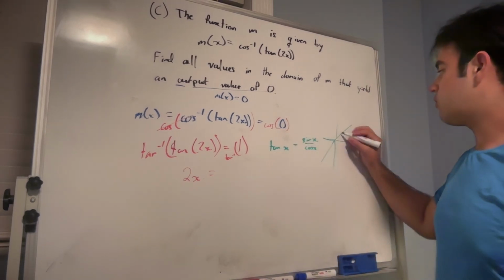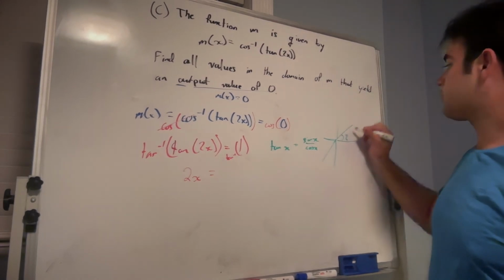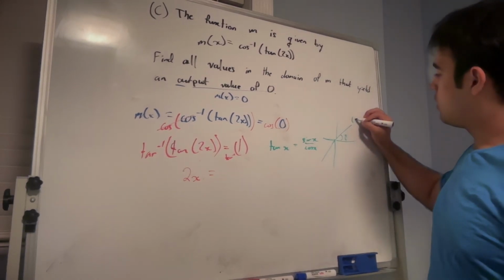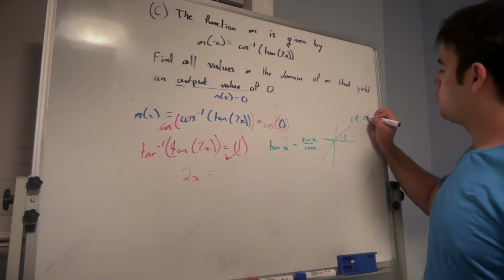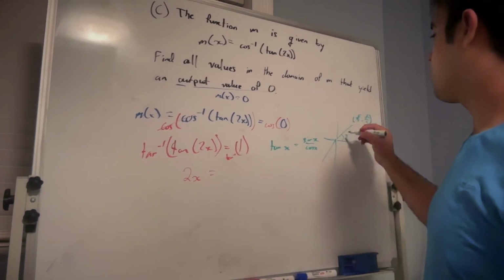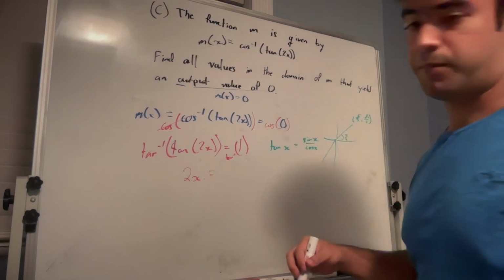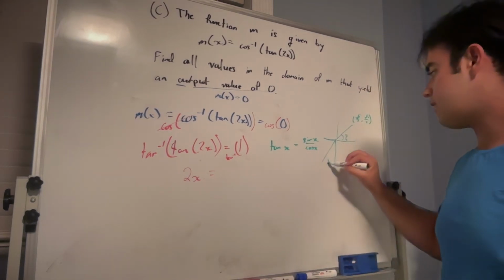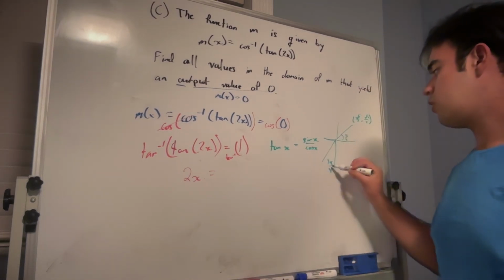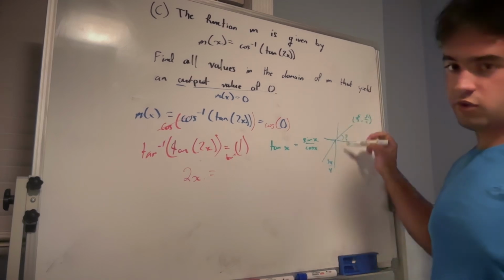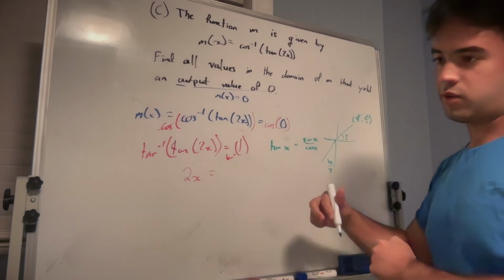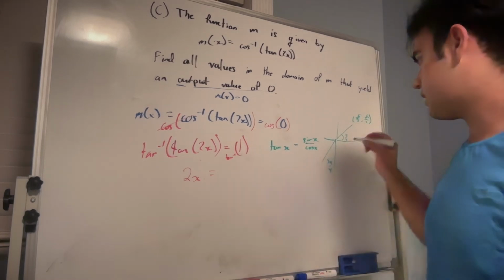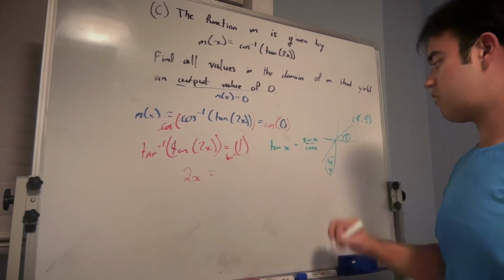And we know that the angle pi over 4, our values are going to be root 2 over 2 and root 2 over 2, which means at pi over 4, tangent is equal to 1. Additionally, at 5 pi over 4, on the standard unit circle, we have both of these values just negative. So we'll also get 1 at these two values, at pi over 4 and at 5 pi over 4.